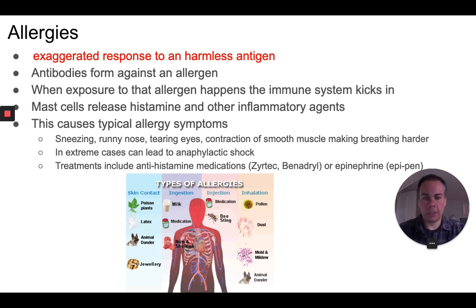People with severe allergies might carry with them an EpiPen. The medications we use to treat allergies are called antihistamines, things like Zyrtec or Benadryl that you may have heard of. These medications act to counteract these histamine molecules. Epinephrine is what's in an EpiPen, which counteracts those allergic responses.